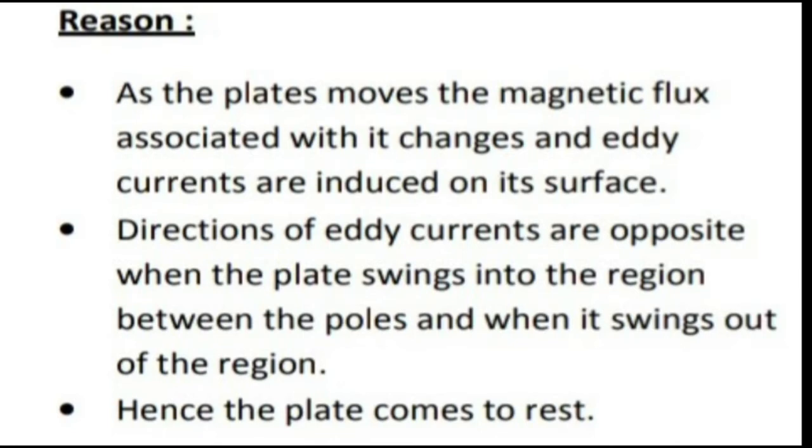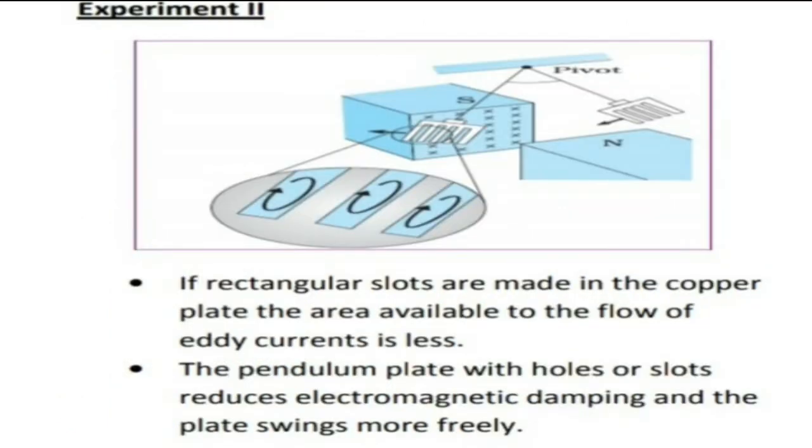So in the above example, as the plates move, the magnetic flux associated with it changes and eddy currents are induced on its surface. And the directions of eddy currents are opposite.